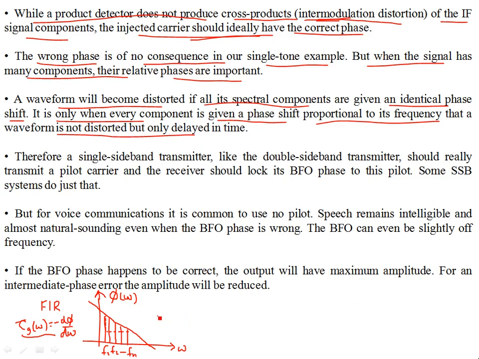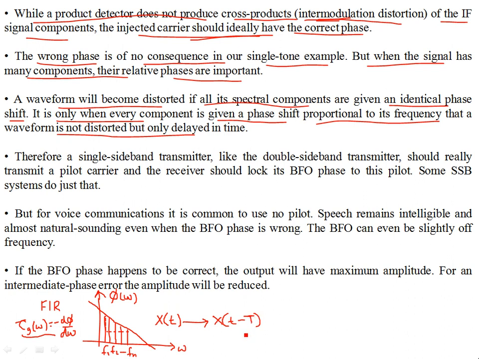So if you have a signal x(t) and you pass it through a system having a linear phase response, and all the frequency components get delayed by the same time difference, let's say capital T, then no problem.